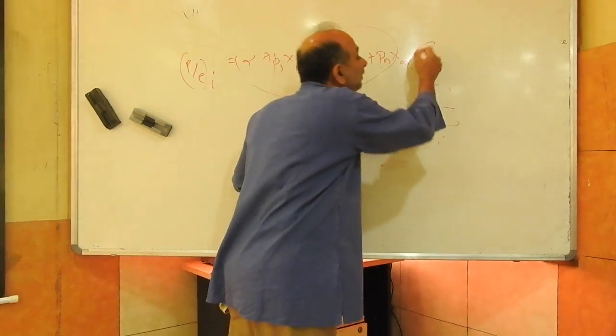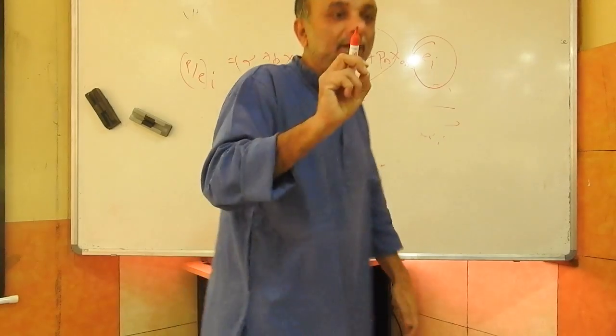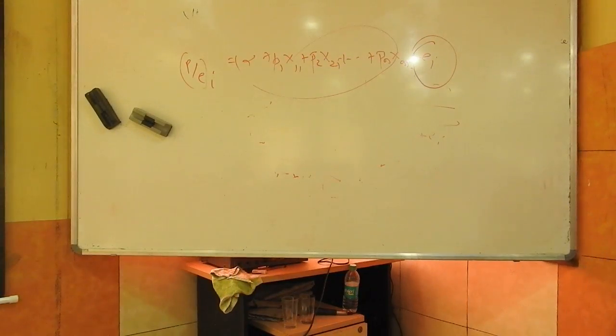And then there is something which is individually specific to this company. So if you take two companies having the same balance sheet variables, they need not have the same price to earnings ratios. There is something which is individual specific to the company.